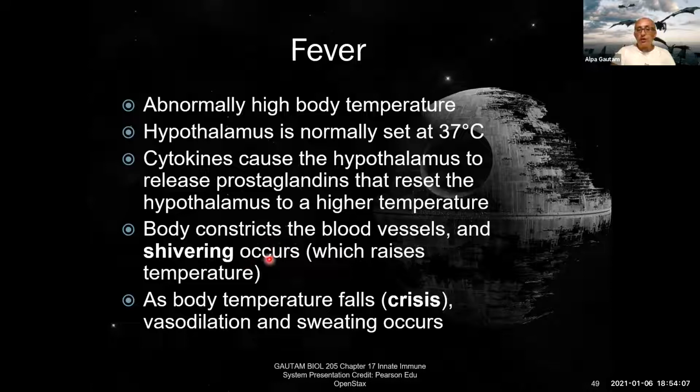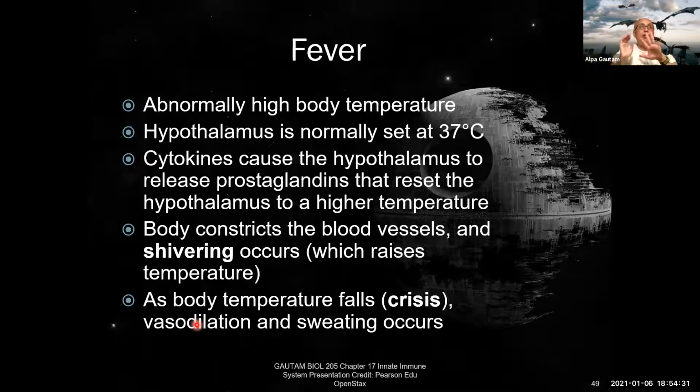And shivering occurs to increase the temperature. So how are you increasing body temperature? By shivering. Also because you have thyroid hormone release. Thyroid hormone increases body temperature also. Then, that is the increase in body temperature, that's fever.